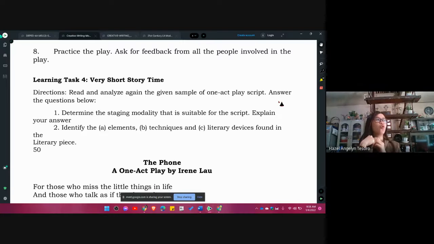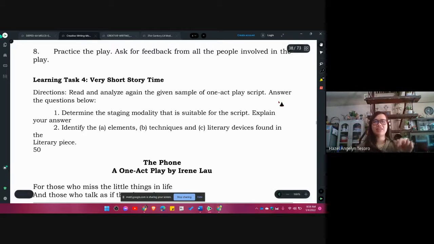So we had 2 groups back then, and then ako yung na-assign na maging writer, playwright nung time na yon. So I can really remember that time, parang kahapon lang siya nangyari, and I planned out all the props, all the costumes for Florante at Laura, and all the characters in the story. But I gave it a twist para siyang naging modern Florante at Laura, because I really didn't want to stick with the traditional. So much for the story time.